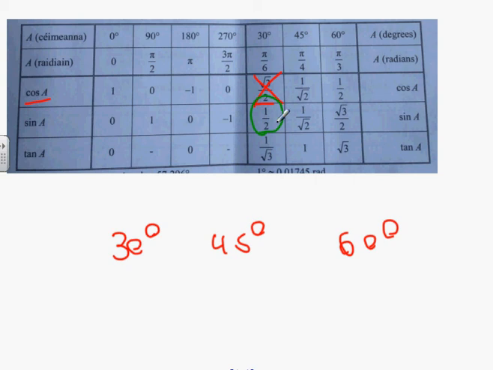A half. I can use a half, can't I? It just means I draw an opposite of length 1 and a hypotenuse of length 2. Or an opposite that is half the size of a hypotenuse. Any size you want. It can be 10 and 5, 8 and 4, 6 and 3, 4 and 2.